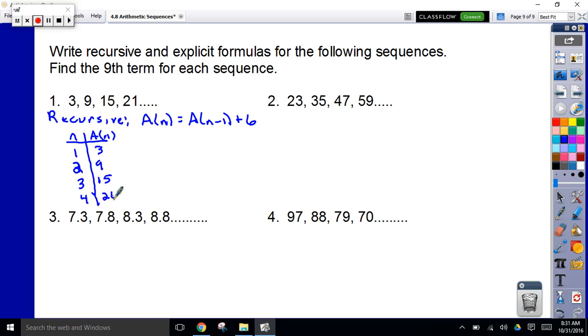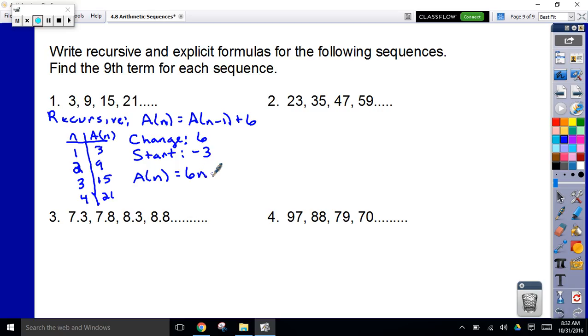Zane, can you tell me what is the change according to the table? Add 6. 6, good, or just positive 6. What would our start value be? -3. Good. So what would my explicit formula be? A of n equals 6 times x minus 3. 6 times n instead of x.